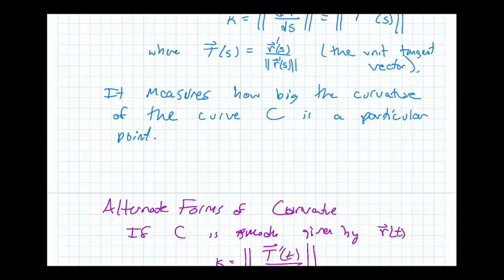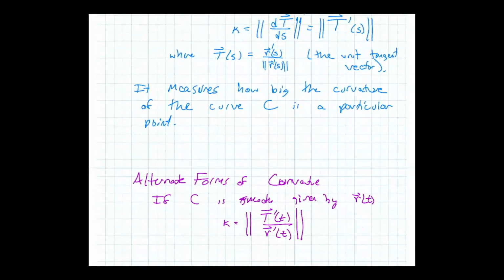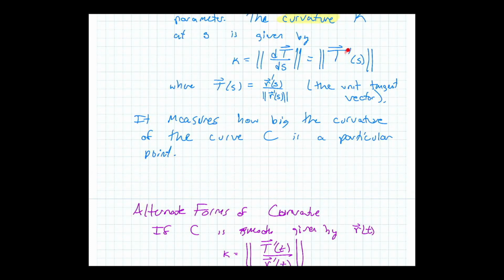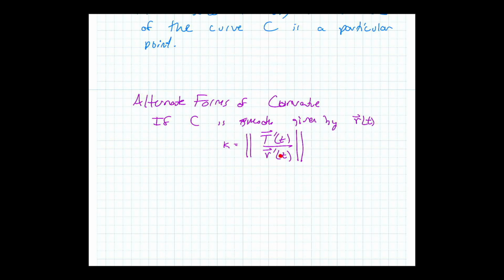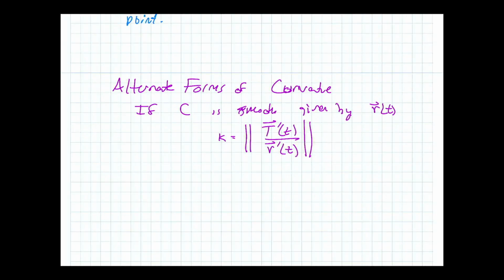And so the difference is that this is T prime of s, and there's no denominator. This is T prime of t, and there is a denominator because the parameter wasn't the arc length, so this is needed to adjust for it.